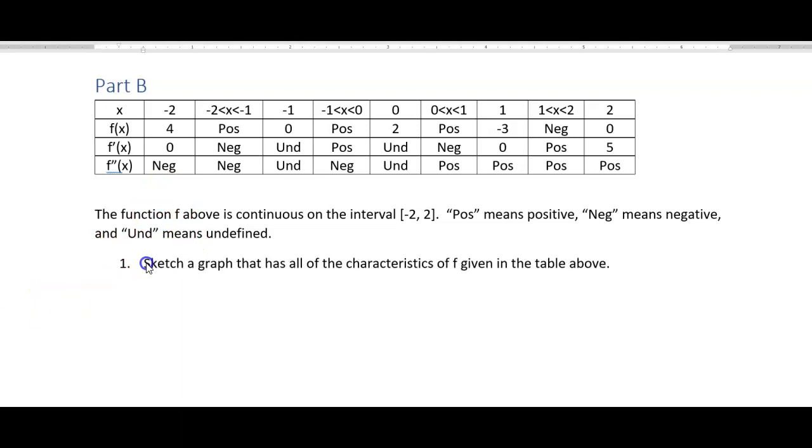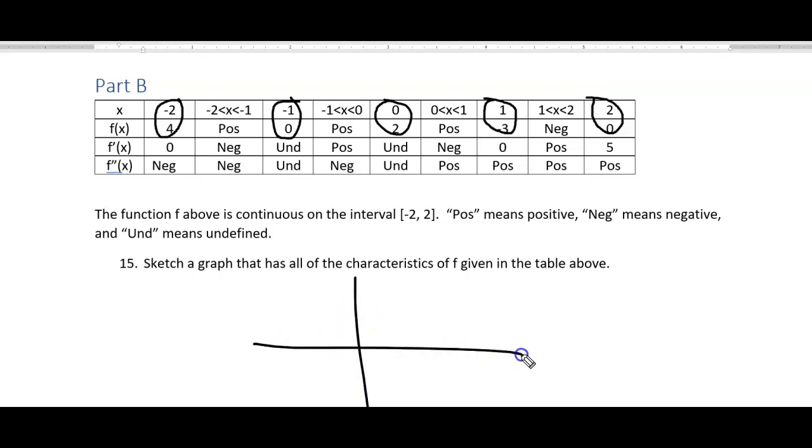Number 15. All right, so for number 15, you're asked to actually turn this whole thing into a picture. My advice is to start with the points first. Plot all of the points that they give you first on an x and y axis. So we have the point -2, 4 first. So there's that point. Then we have -1, 0, 0, 2.